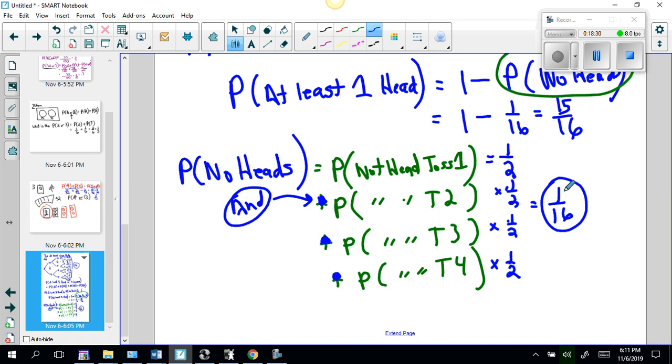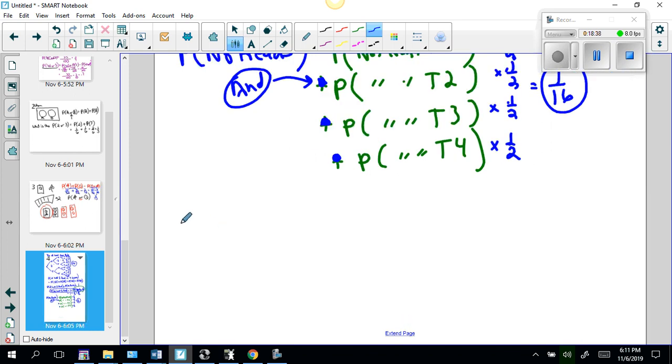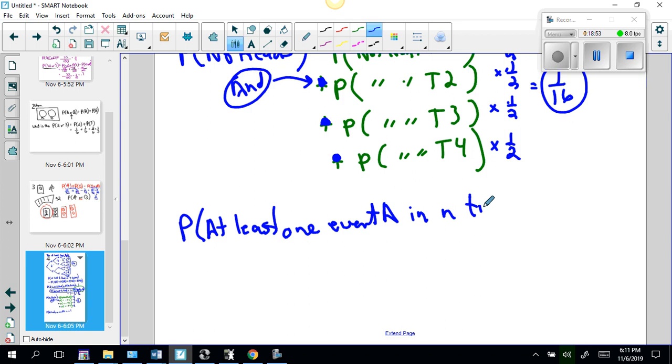So what they're saying is, we're going to take this formula and come up with something really cool. The probability of at least one event A in n trials is 1 minus the probability of not A, to the n.